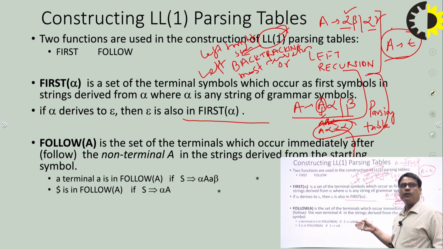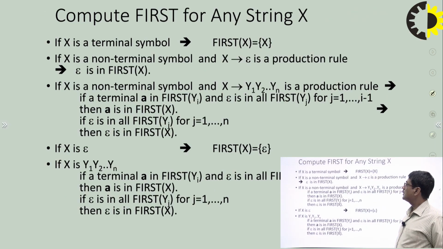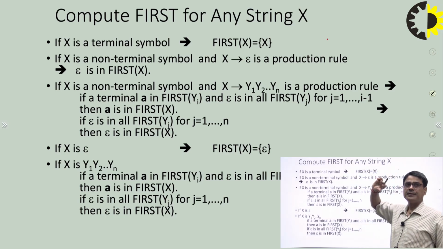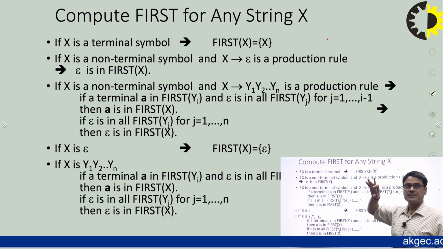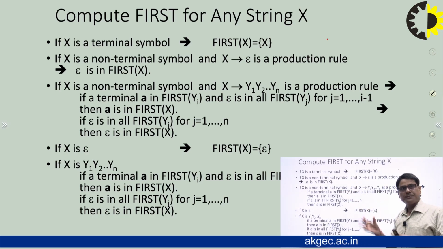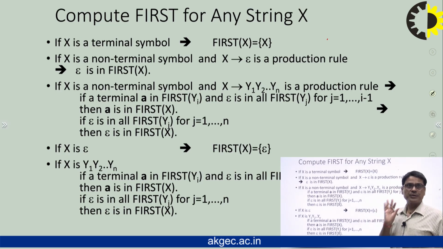The rules are involved in finding this first and follow. So computing first for any string X, this is the rule. Firstly, we have to be aware of the different notations used for representing the grammar symbols: the input alphabet, variables, these three or four things which belong to the grammar.